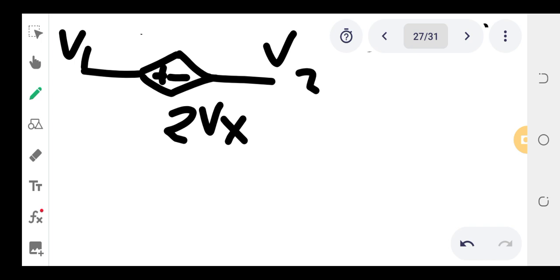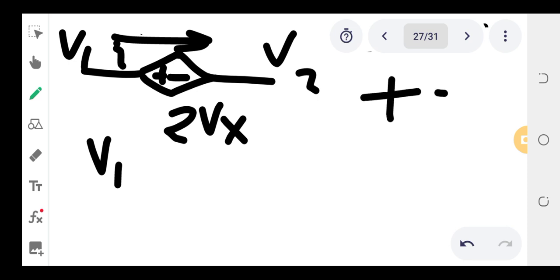So if we assume current to be flowing in this direction across the voltage source, let's say this is I, then it is flowing from the higher potential V1. So we know the current there is entering the positive terminal.